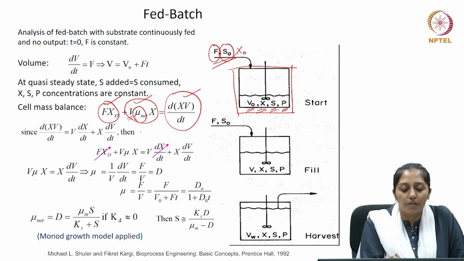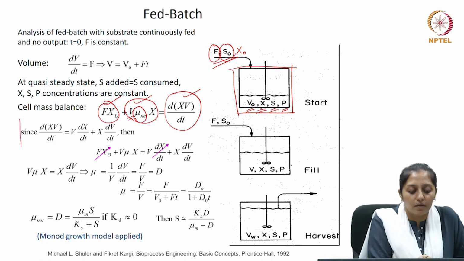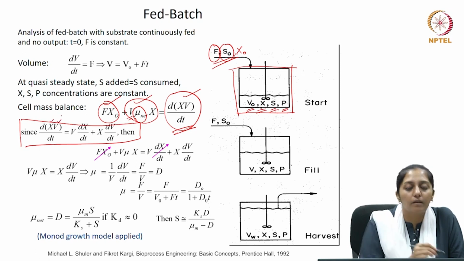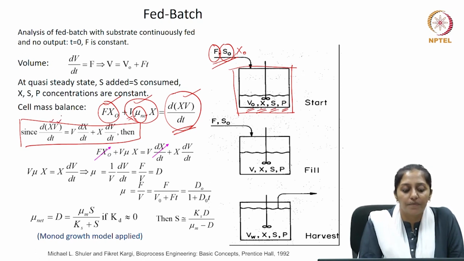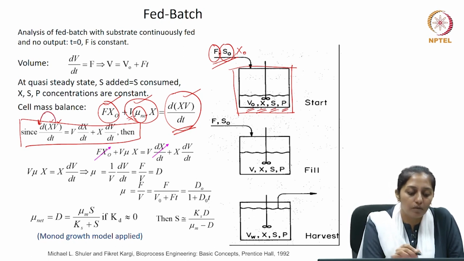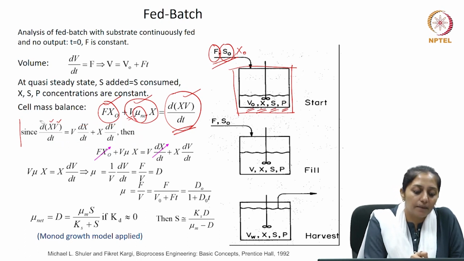Now, if you see the expansion of the RHS, because X and V in a fed batch both are variables, we cannot, as in case of a batch, bring V out of the bracket. So, we will keep it inside.